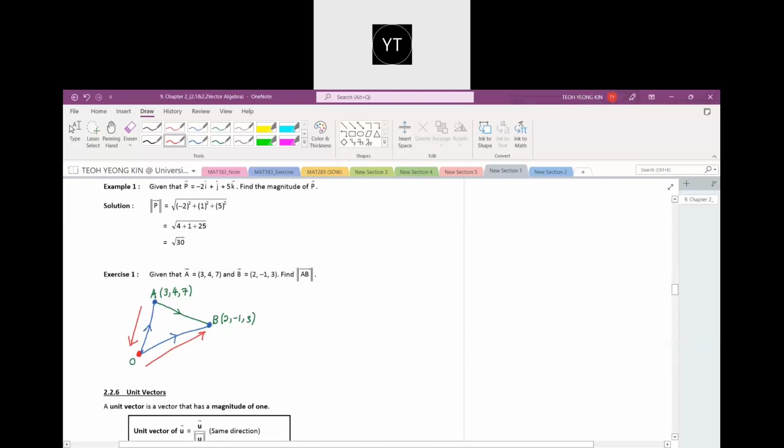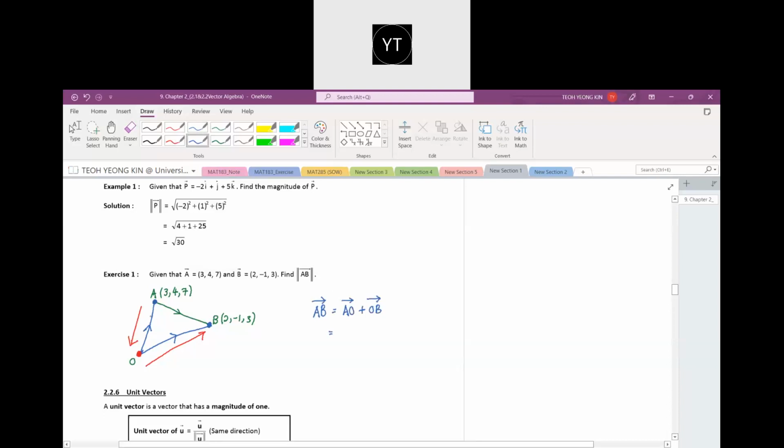So kosong hingga A ni adalah 3, 4 and 7. O to B is 2, negative 1 and 3. But if I want to find AB, so what I need to know is AB is equals to AO plus OB.